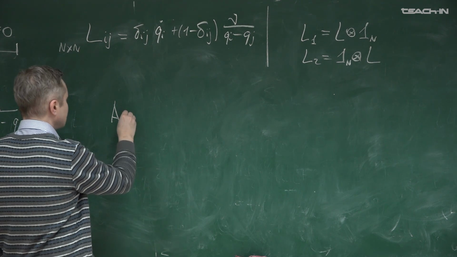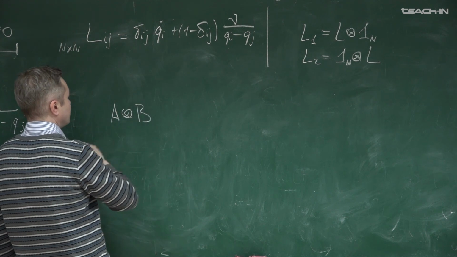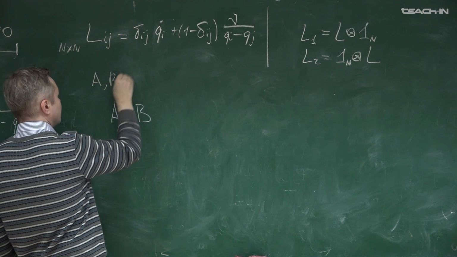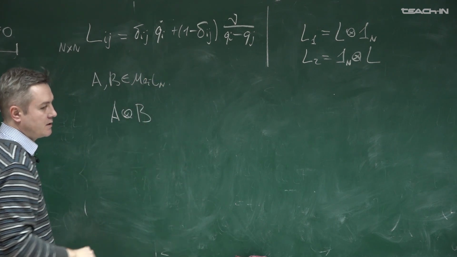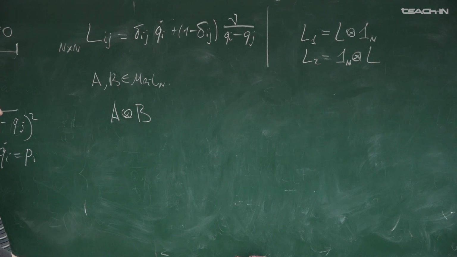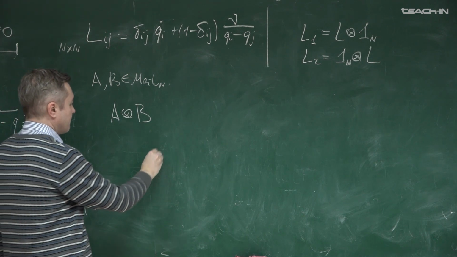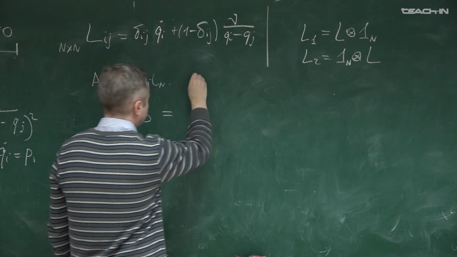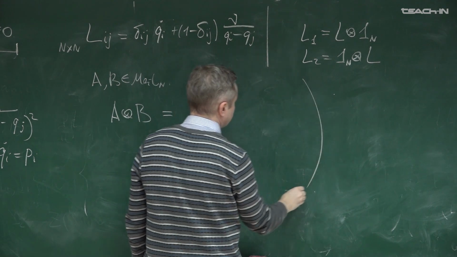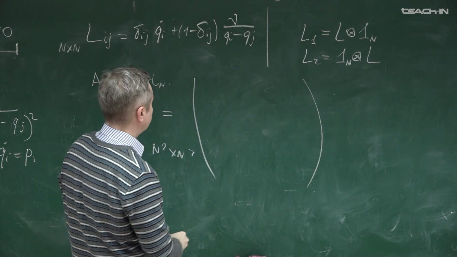So if you have a pair of matrices n by n, then what is the tensor product of A and B? It is a matrix of size n squared by n squared, and it can be presented in block matrix form.